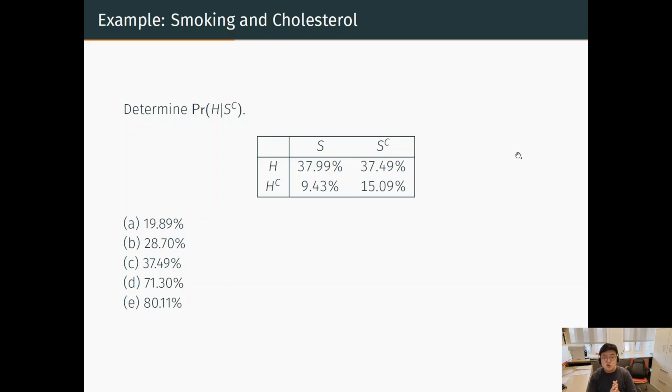Okay, now it is your turn to calculate the other conditional probability. I actually already showed you the answer in Excel, but try this by yourself. You may calculate conditional probability from these numbers, or you may open the Excel file and try the pivot table function by yourself to answer this question.